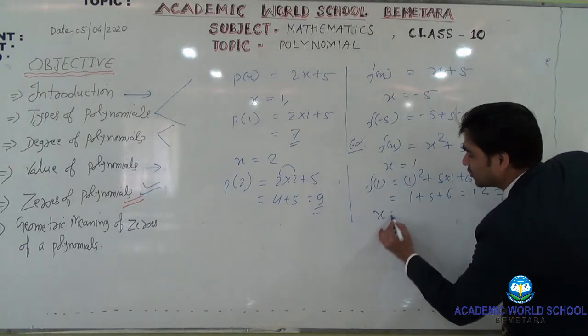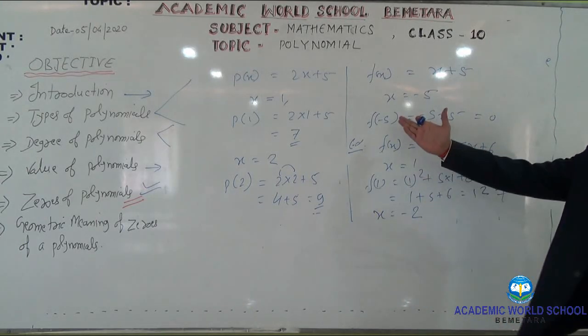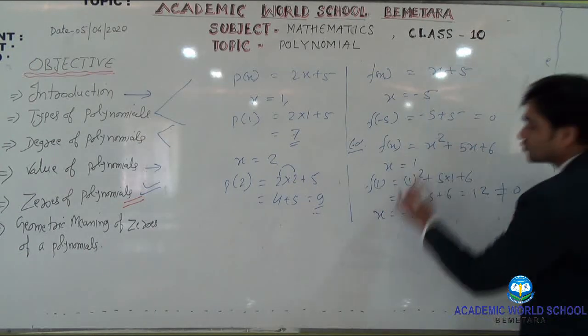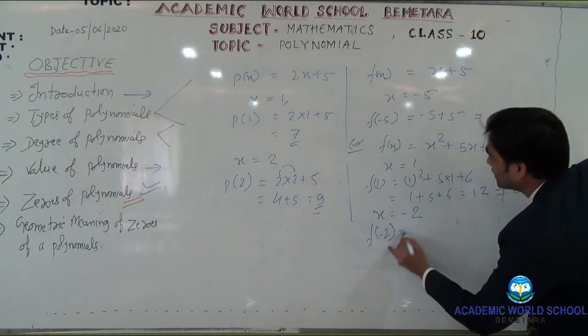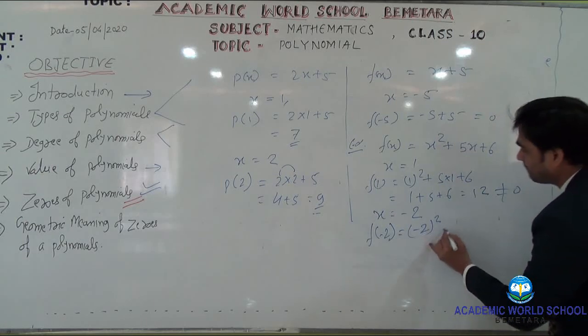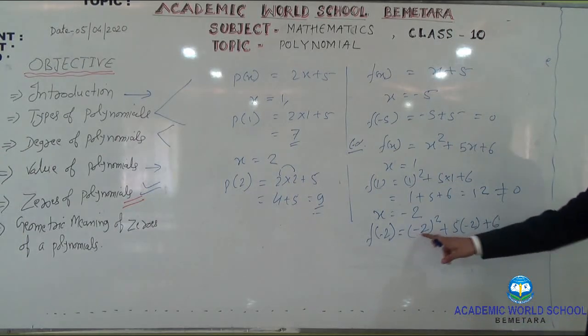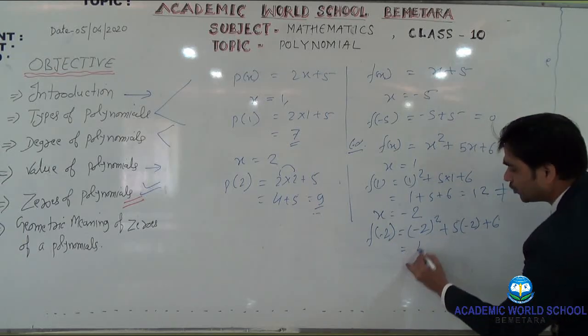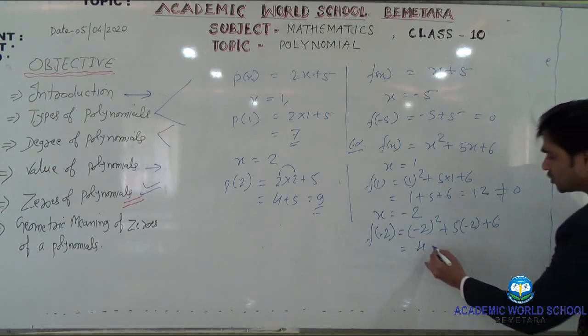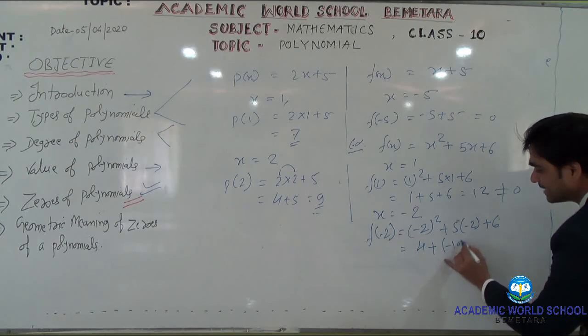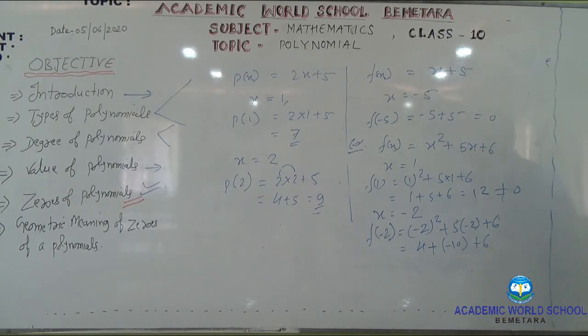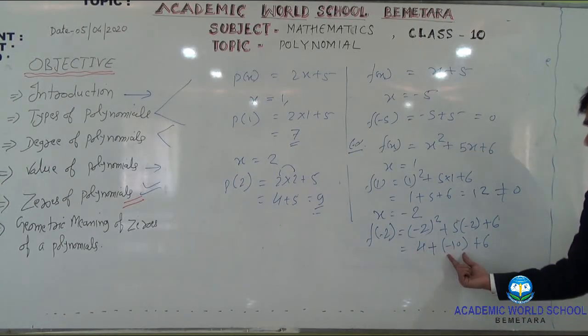And if you take x equals -2, what will happen? Substitute the value and check it. So f(-2) is equal to (-2) whole square plus 5 into -2 plus 6. So (-2) whole square is 4, 5 into -2 is -10, and then plus 6. Now these two are positive and this one is negative.